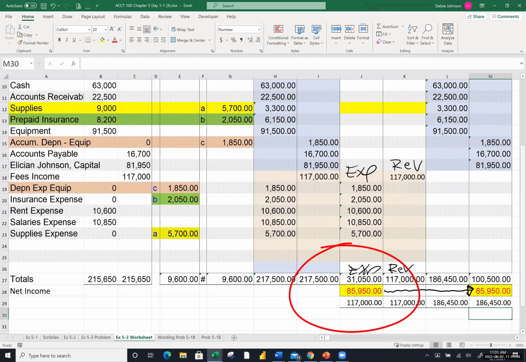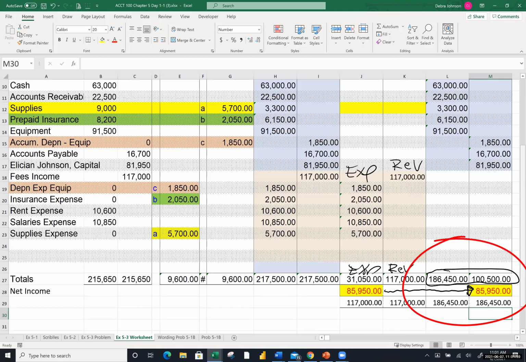And then over here, I took the difference between those two columns. So my formula, Ulysses, if you're doing formulas, I took this cell minus this cell. Here's my formula. L27 minus M27. Okay, thank you. Anybody else?